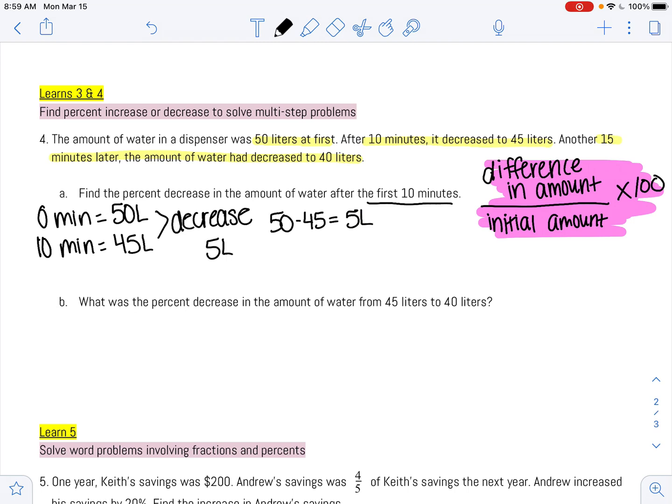So our 5 liters goes on top. Our initial amount was 50 liters. When we divide 5 by 50, we get 1/10 times 100 is 10%. So it was a 10% decrease.